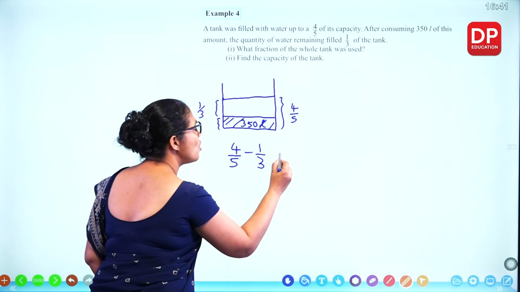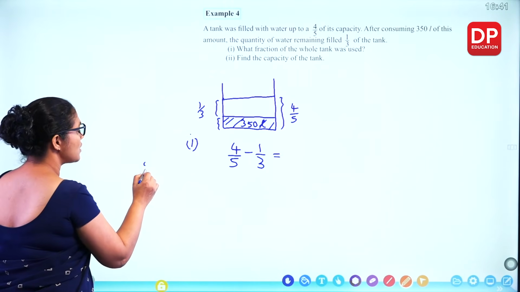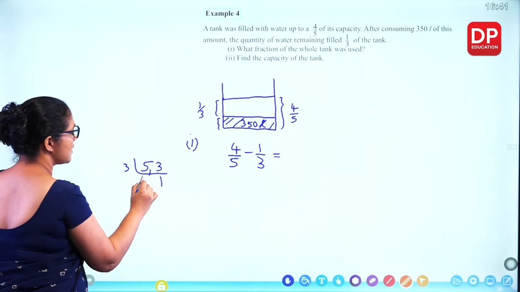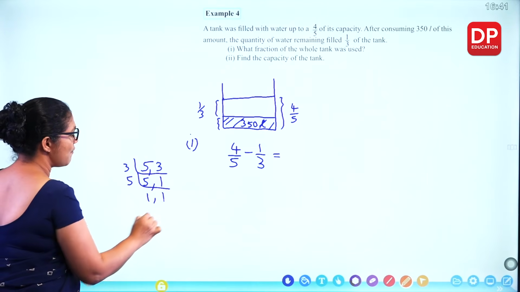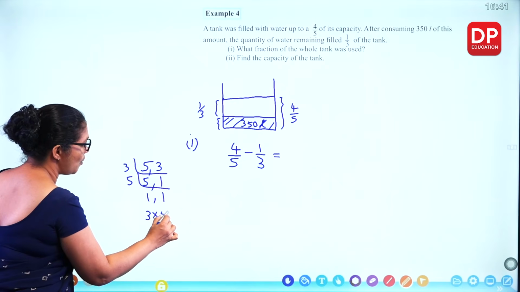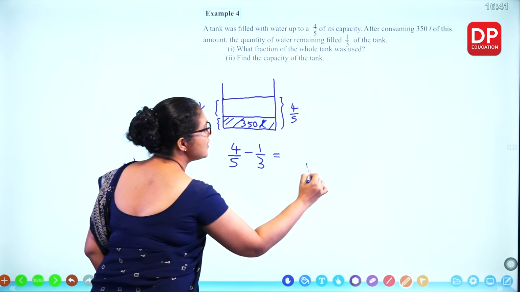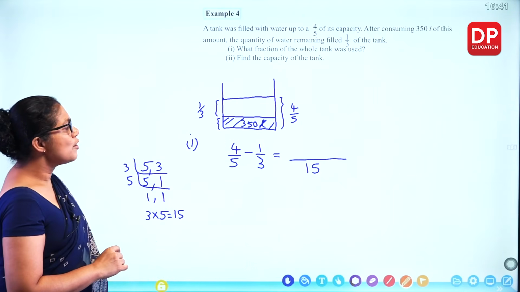What do you have to do? You convert to the same denominator, so use the lowest common multiple. Find out the common factor. You can divide by 3 and by 1, so 3 times 5 becomes the lowest common multiple, that's 15. Convert both to 15 and then subtract the numerators.